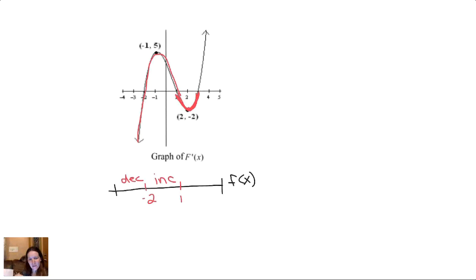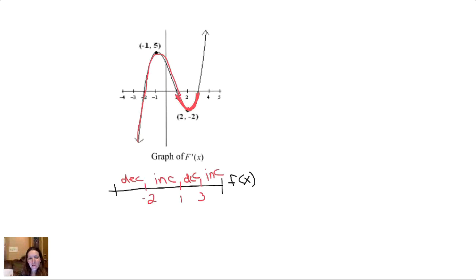So f prime of x is less than 0. Then my function f of x is going to be decreasing. And from 3 to infinity, we're above the x-axis. Our f prime of x is positive, so our f of x is increasing. So we can draw all of those conclusions, okay?